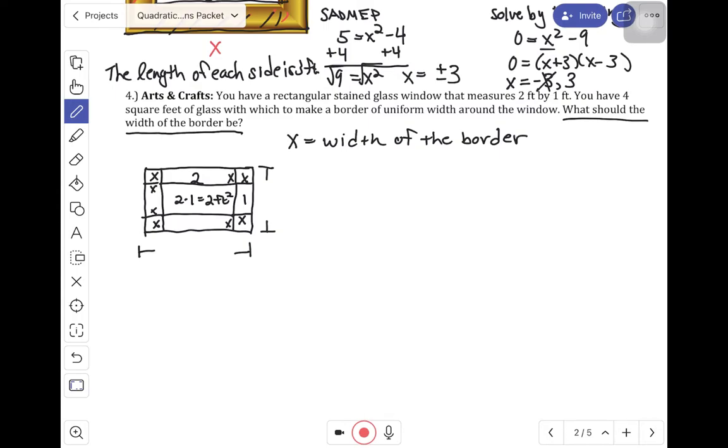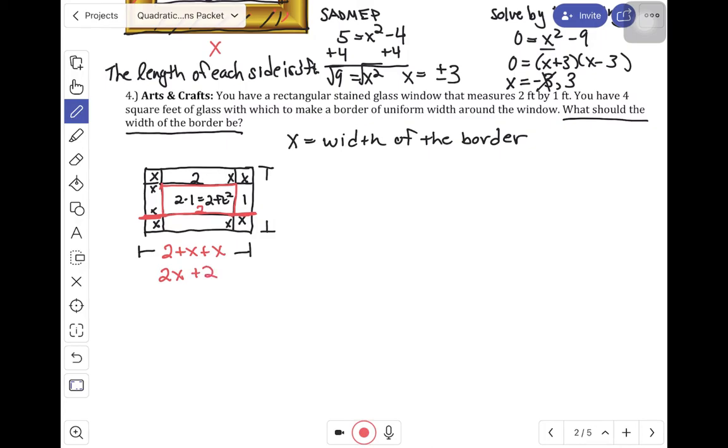So if the original window was in here, and that was 2 feet by 1 foot, and I added an x on either side, so I added an x over here, I added an x over here, we could say that that new length is now 2 plus the x that's on the left side plus the x that's on the right side. But no Algebra 2 kid is going to leave an expression that looks like that. Combine your like terms, that new length is going to be just 2x plus 2.